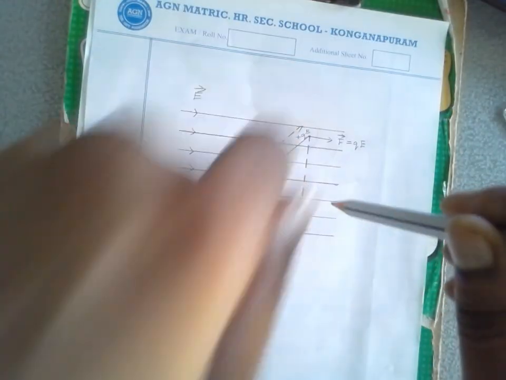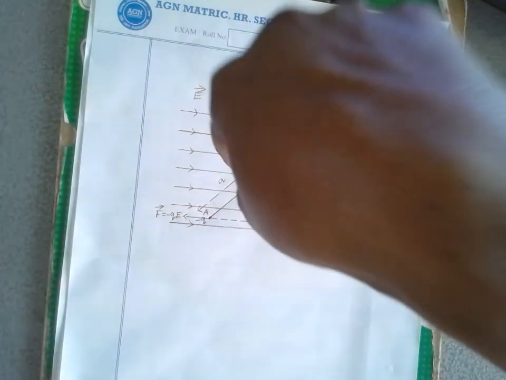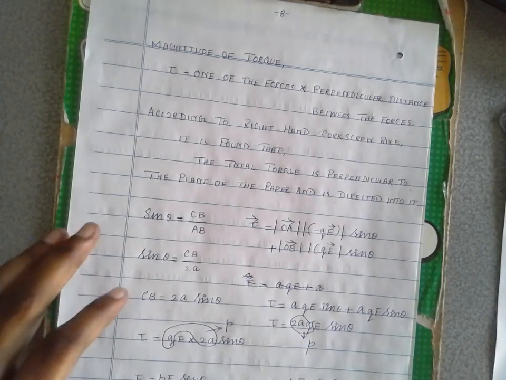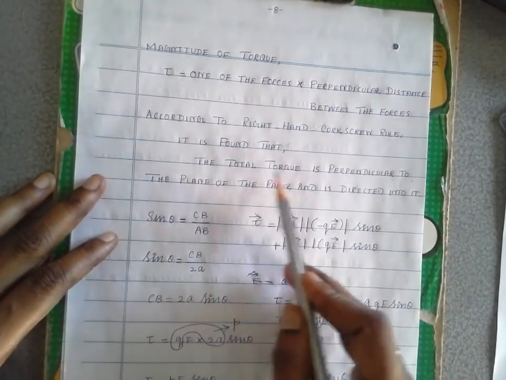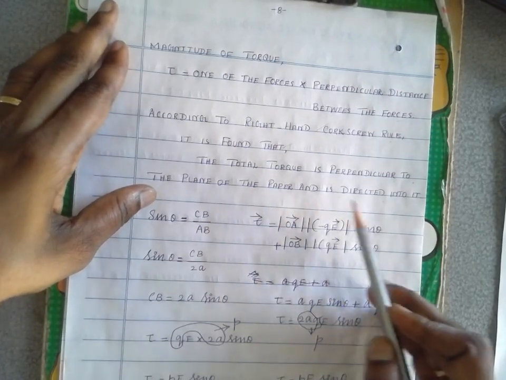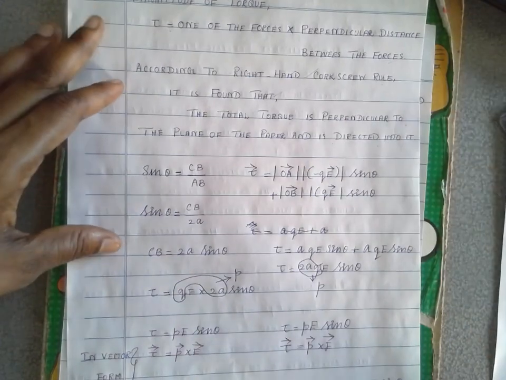At the same time, the force acts inward like this. That is what I am telling. The total torque is perpendicular to the plane of the paper and is directed into it. It is acting inward.